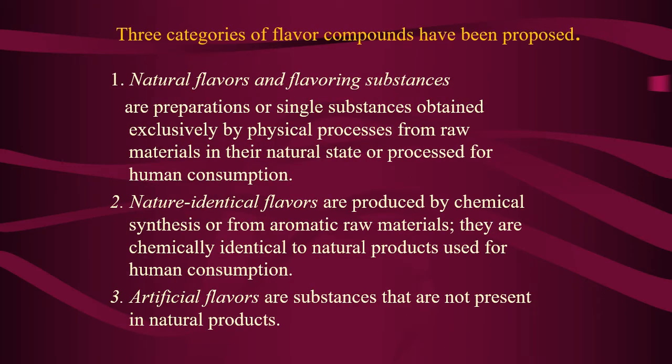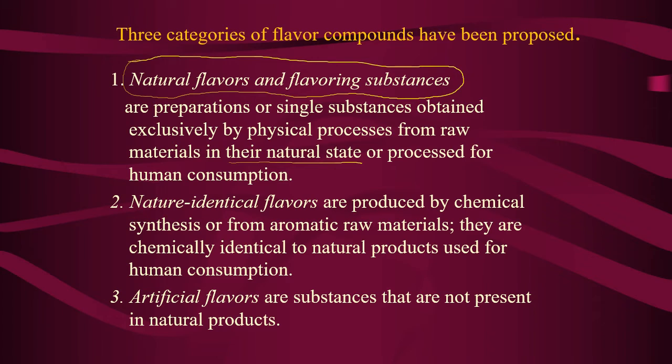Overall, there are three categories of flavor compounds. The first category is the natural flavor or flavoring substances. These types of flavors are prepared by physical processes from raw material in their natural state or processed for human consumption.